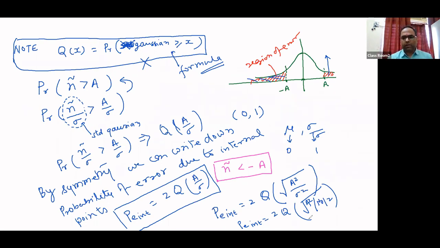If it is not white noise, then the value of sigma square will be something different from N naught by 2, right? So if we are talking about case 1, we can say that probability of error of internal point is equal to 2Q of under root a square upon N naught by 2.